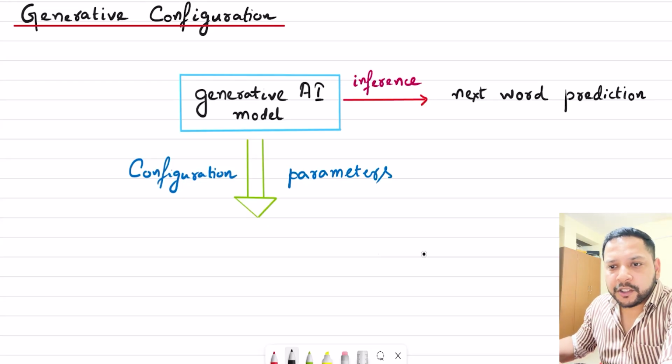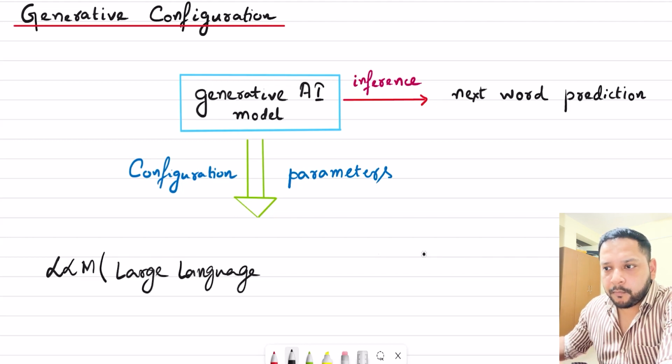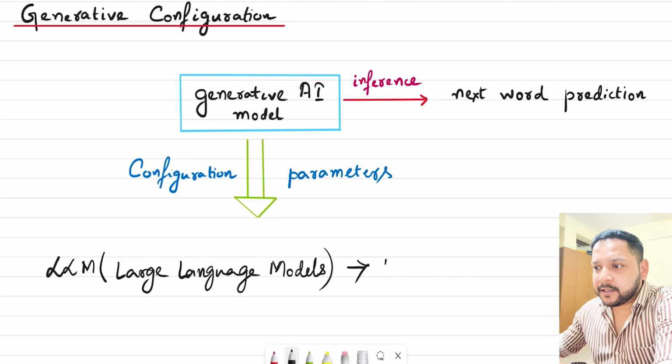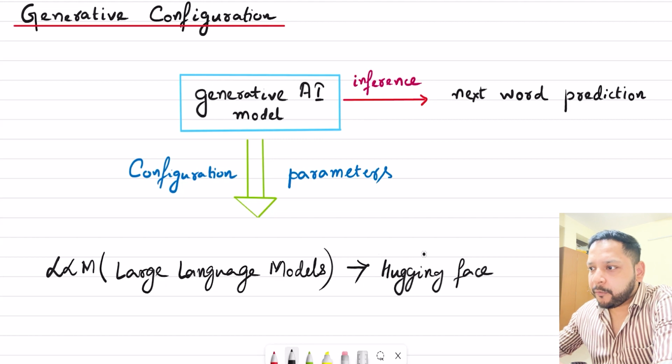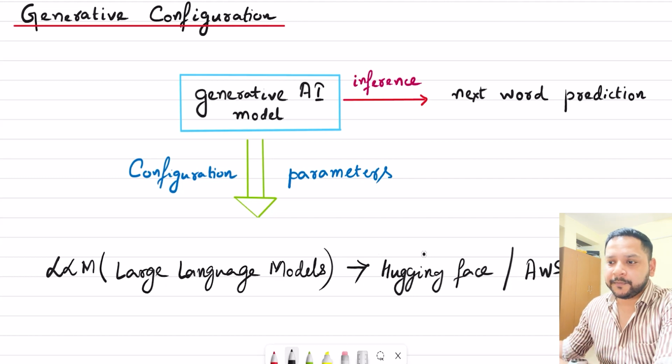If you have used different kinds of LLMs, that is large language models, from the Hugging Face website or from AWS, then you might have encountered this kind of configuration parameters.